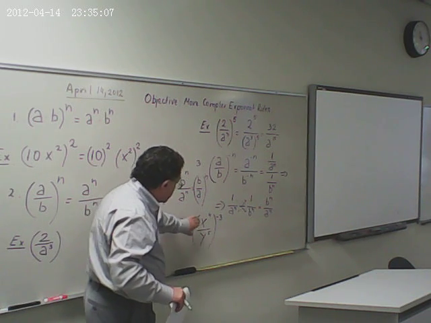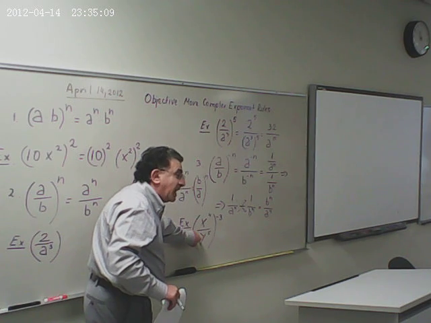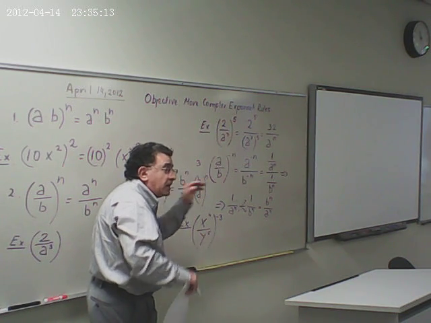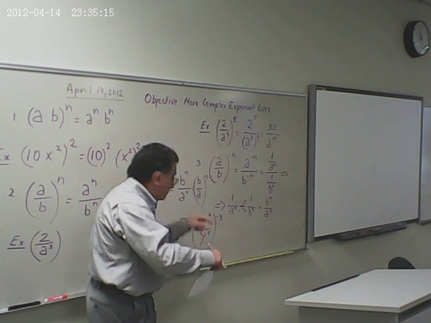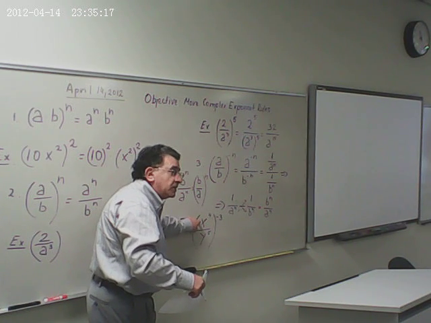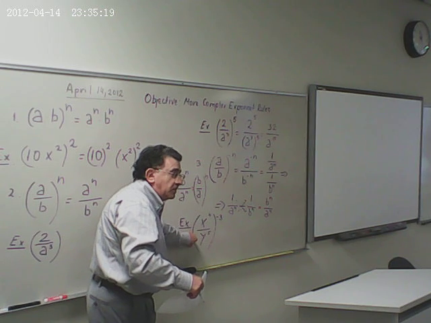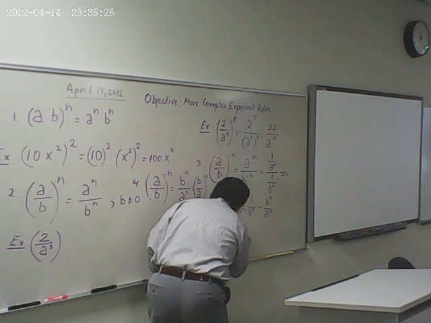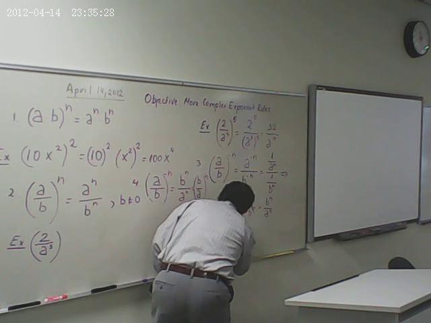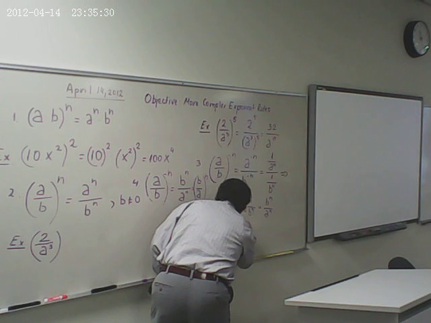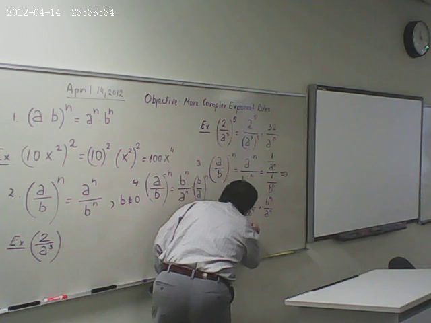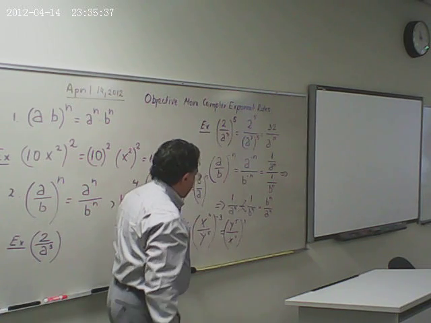I'm going to rewrite this. Inside the expression, I flip this rational expression upside down. The denominator becomes the numerator, the numerator becomes the denominator, and I write this with a positive exponent, right? y to the 5th over x to the 4th, raised to the positive 3 exponent.